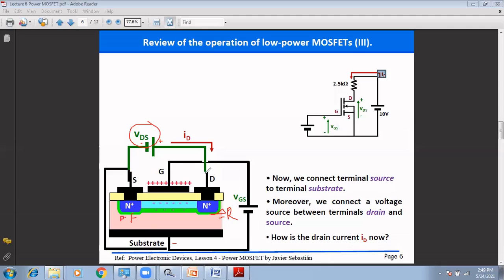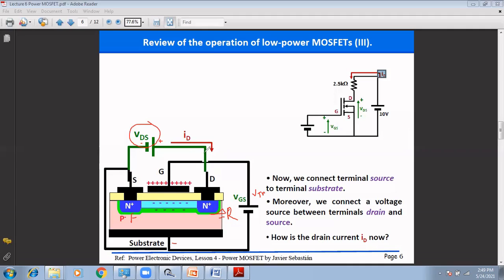Now, when we connect the gate with the VGS, and the voltage of VGS is at the VTH, at that time there is creation of the inversion layer, and because of this inversion layer, the electrons from this VDS are able to flow towards the positive terminal of the battery from the drain to the source.